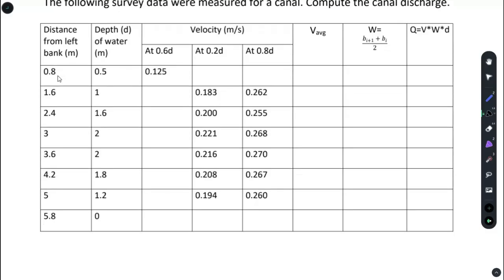So if I draw the cross section, you will visualize it more clearly. See, how many sections are there? One, two, three, four, five, six, seven, eight. So let's say this is our first one. This one would be the 0.8 distance.